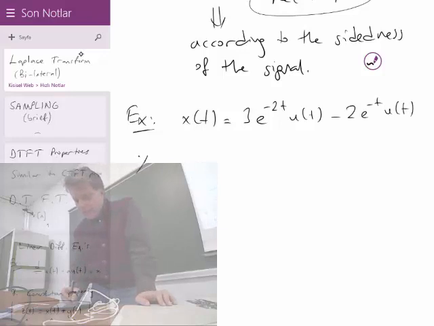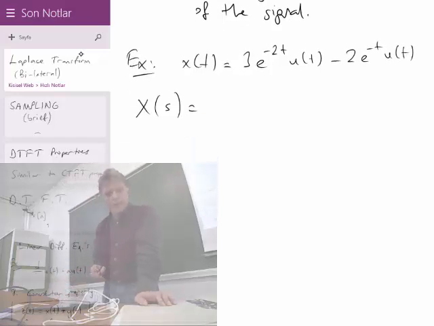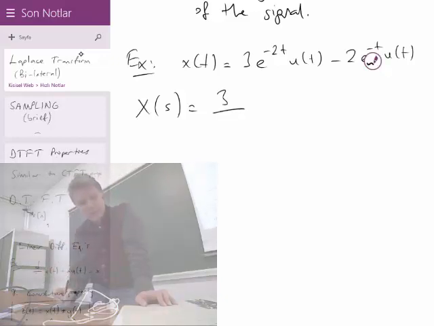What is the Laplace, sorry, it's not the Fourier transform, what's the Laplace transform of that? The Laplace transform is, from the linearity property, a combination of the Laplace transforms of both of them, one by one. And they are individually first order systems, and the Laplace transform is 3 over s plus 2 minus 2 over s plus 1.